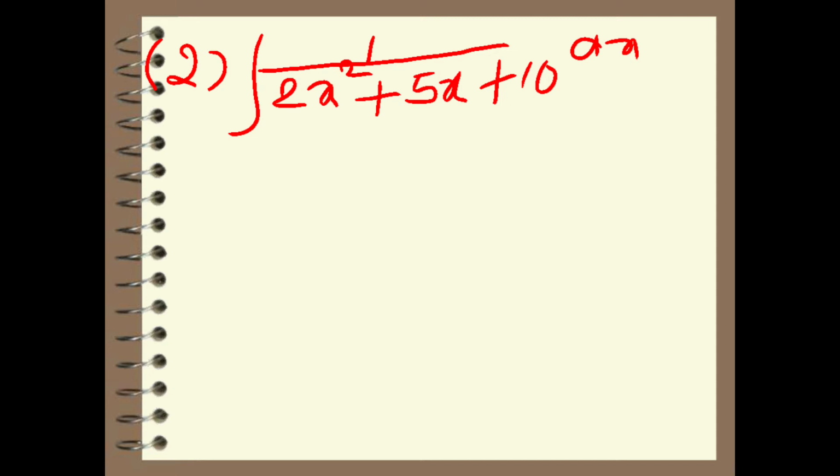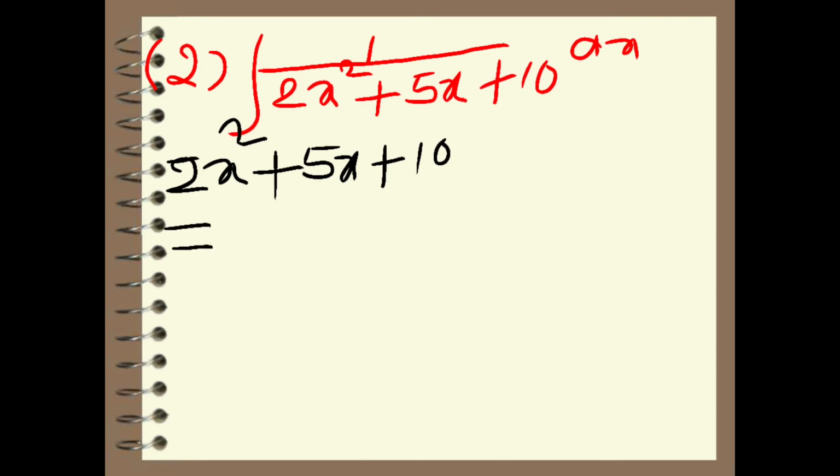Okay students, see here. First I am taking 2x square plus 5x plus 10. As we know, if x square coefficient is other than 1, we have to take that number common.